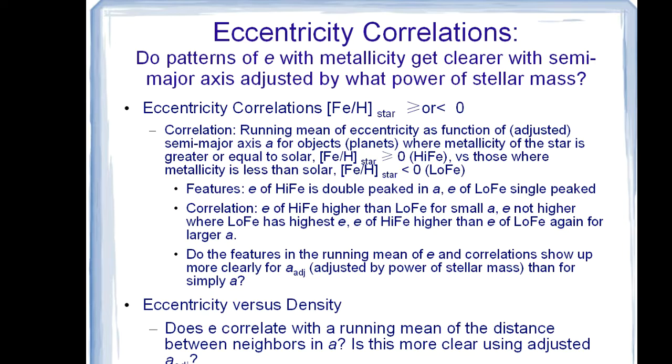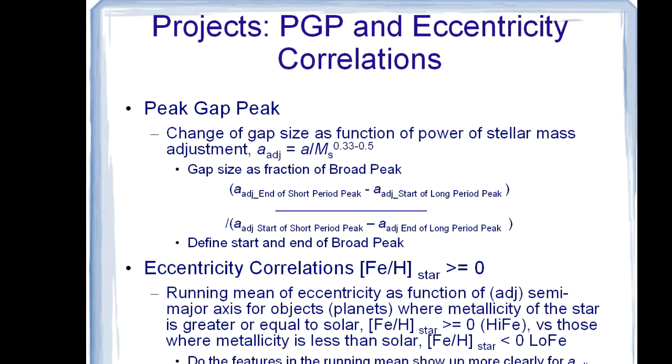Now, as I'm doing this, I also want to check whether the eccentricity correlates more with the density, which would basically be a running mean of the distance between neighbors in semi-major axis. And I'll also ask, is this clearer using a semi-major axis adjusted by the stellar mass?